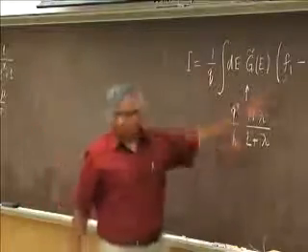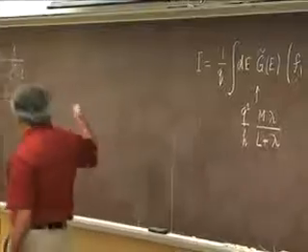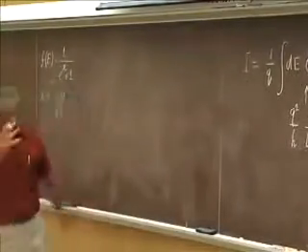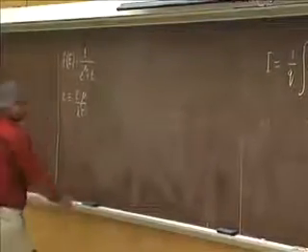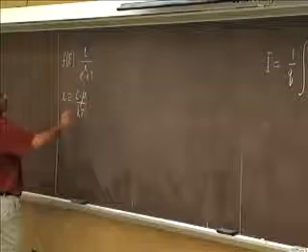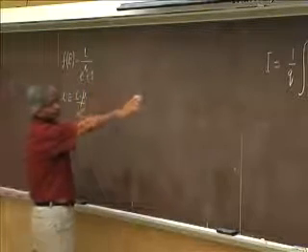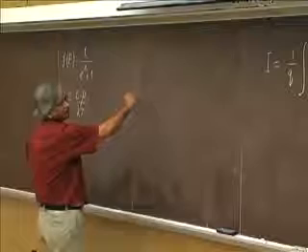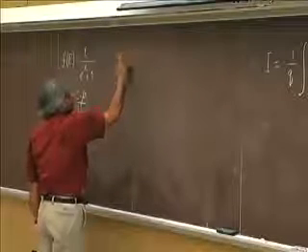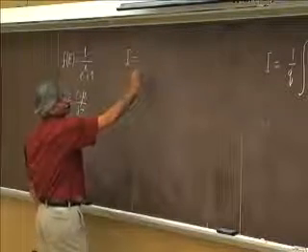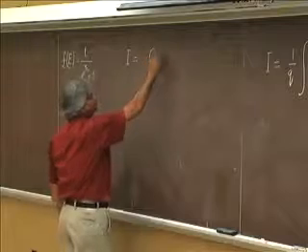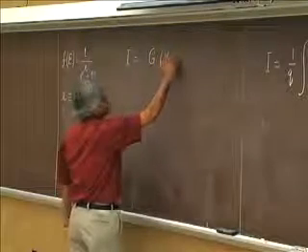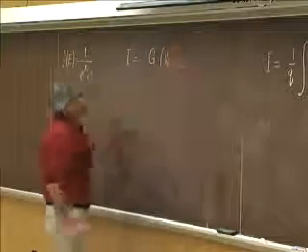Okay, so now you can easily get an expression for the thermoelectric coefficients, for example. From that expression, we could go to a linearized form where you could say I is equal to G times (V1 minus V2). This is what we did before.